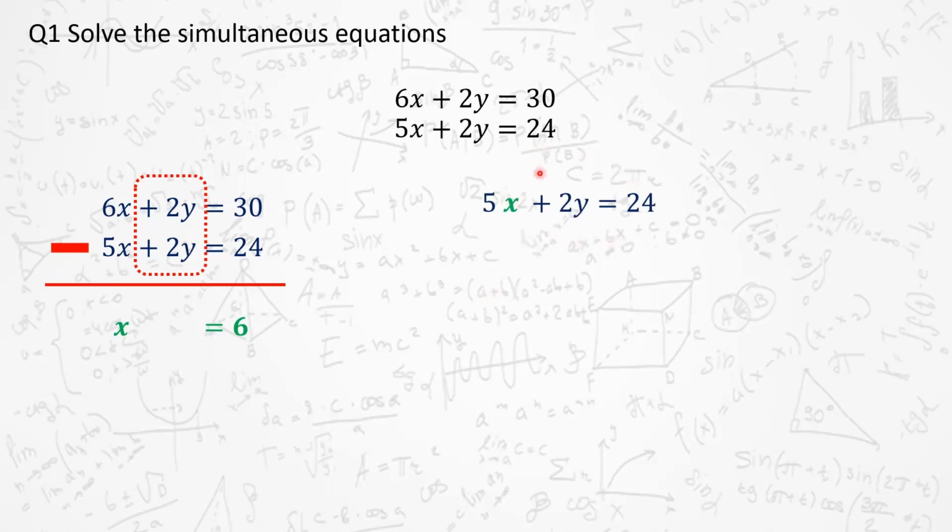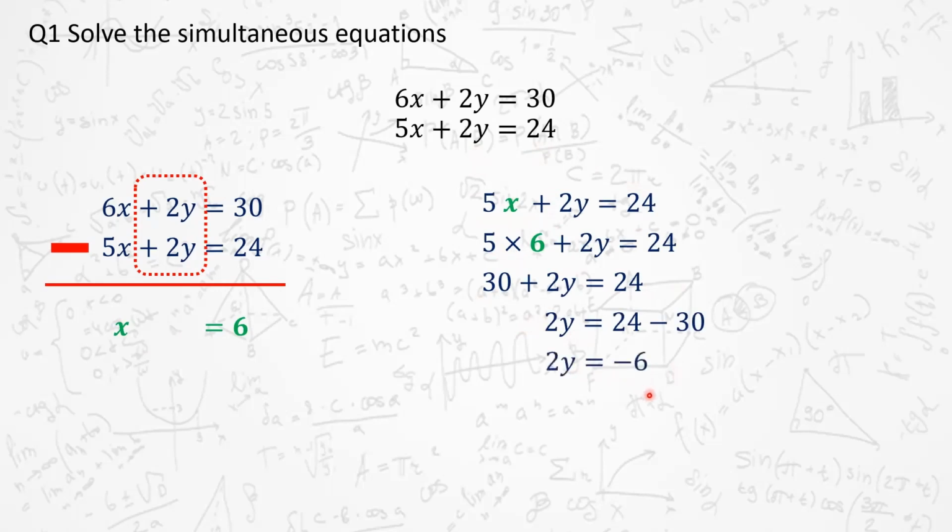I pick the one with the smaller numbers, the one down the bottom. Substituting x, I have 5 times 6 plus 2y equals 24, so 30 plus 2y equals 24. 2y equals 24 take away 30, 2y equals minus 6, so y equals minus 6 divided by 2 equals minus 3. So I solved my simultaneous equations as x equals 6 and y equals minus 3.